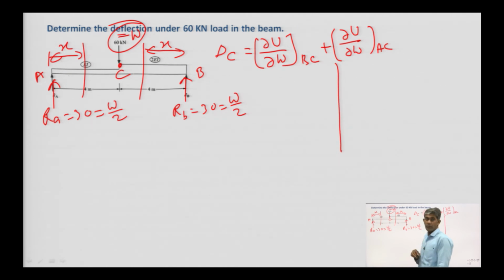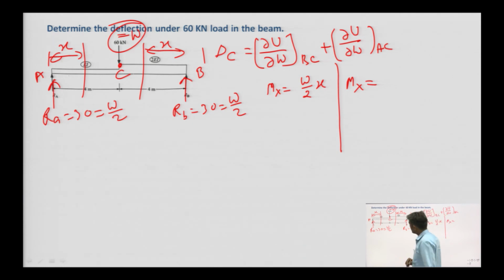The value of bending moment M x for BC is W by 2 into x. This is anti-clockwise, so if you are taking it as positive, then take it as plus.